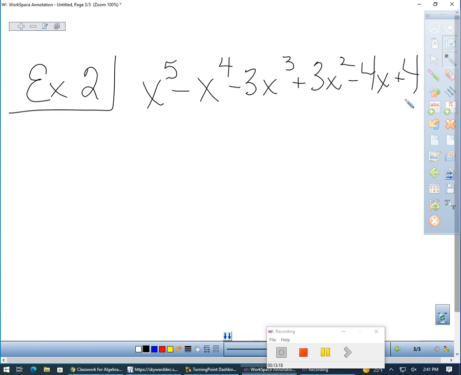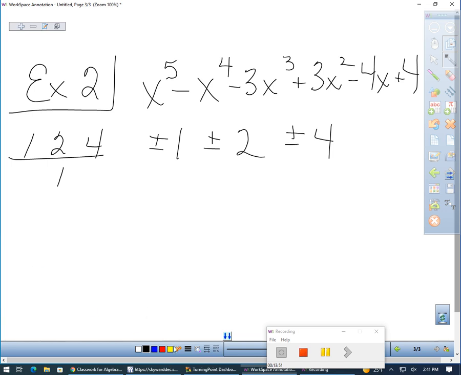All right, so first we have to find all our possible. So that's all the factors of 4, which are 1, 2, and 4, over all the factors of 1. So out of our possible, we have plus and minus 1, 2 over 1 is plus and minus 2, and 4 over 1, plus and minus 4.